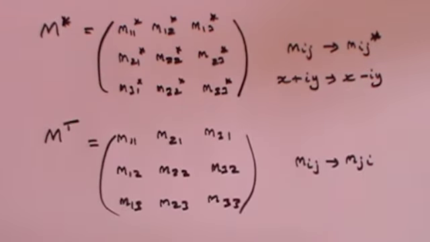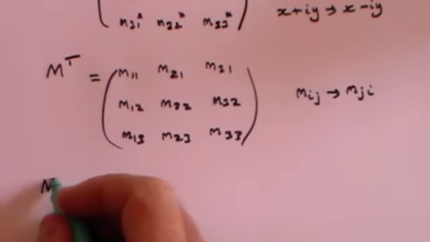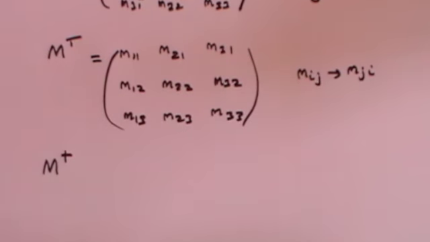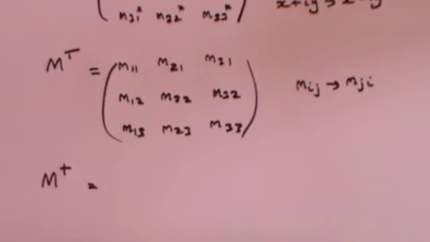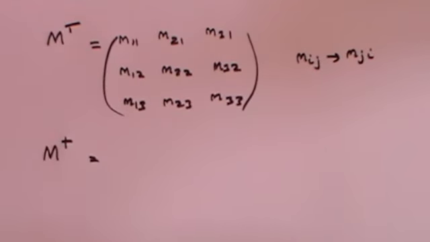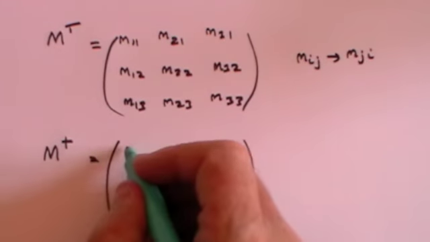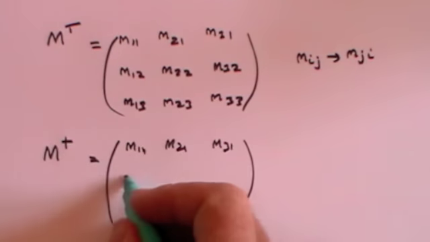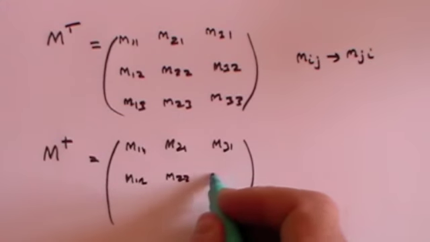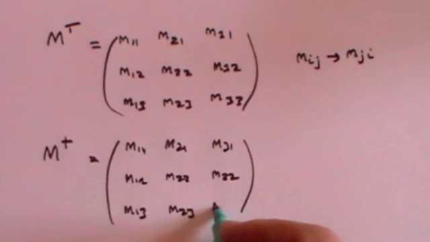Well, now I must introduce you to another matrix, which is called M dagger, and that is a combination of these two. It's both a complex conjugate and a transpose. So first of all, we have to take the transposed matrix, which is M11, M21, M31, M12, M22, M32, M13, M23, M33.